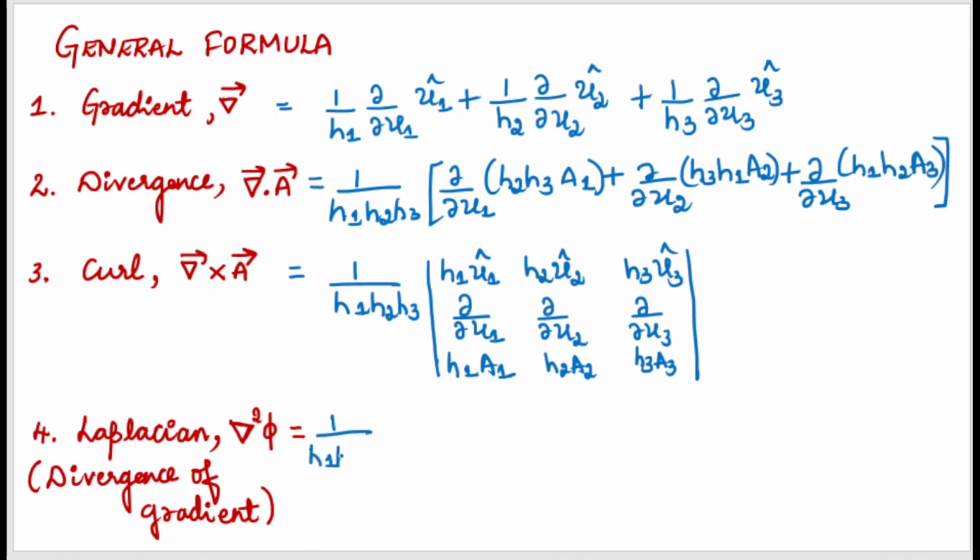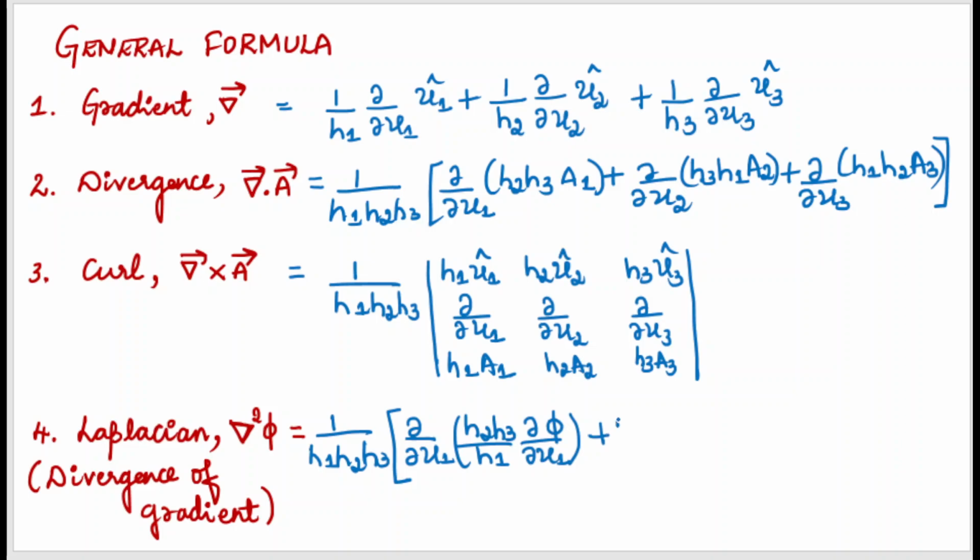It will be 1 divided by h1 h2 h3 into dou divided by dou u1 of h2 h3 divided by h1 into dou phi divided by dou u1. Phi is a scalar, so you need to take it completely.